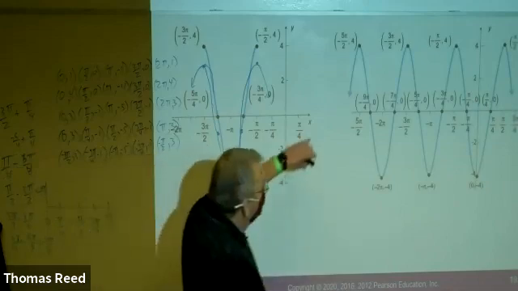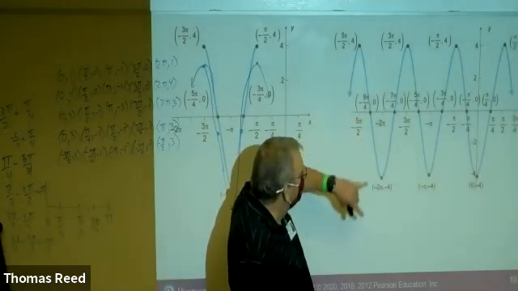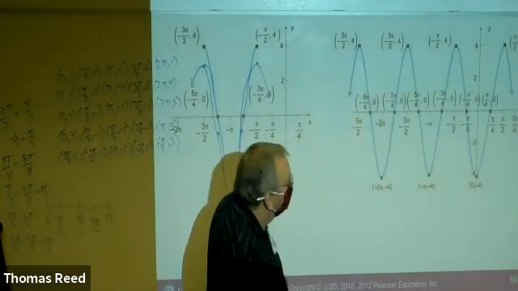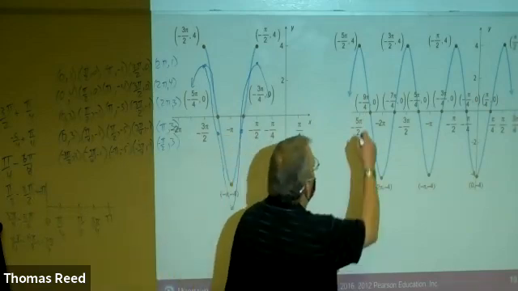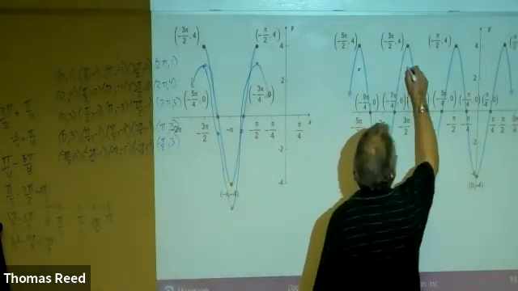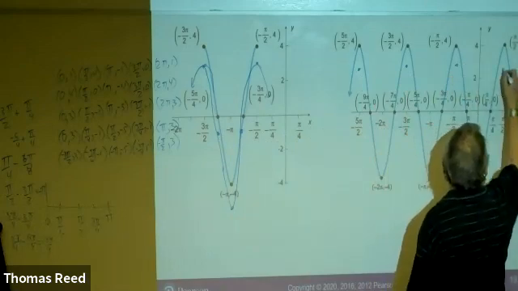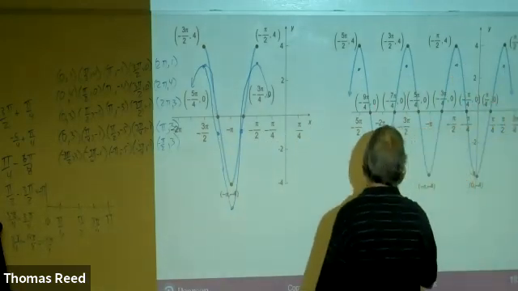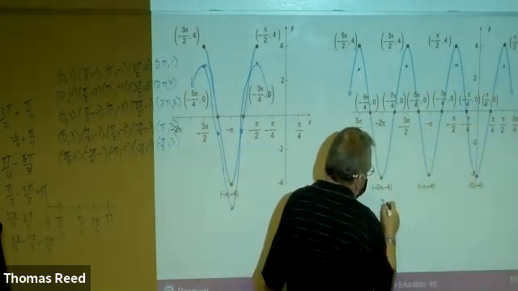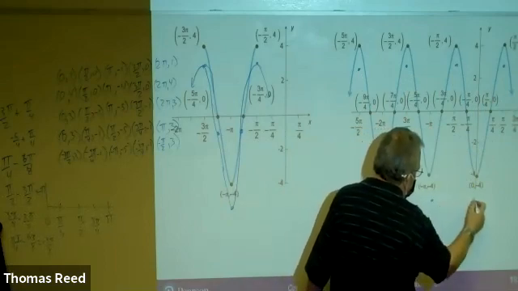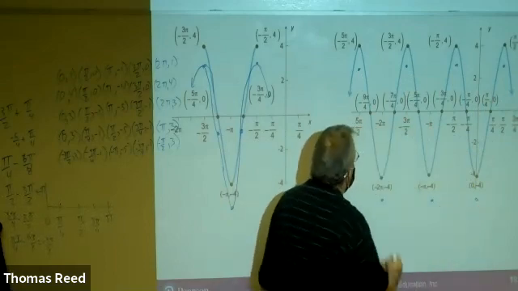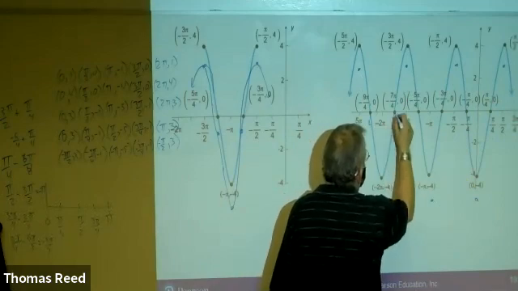So this whole thing would be shifted down 1 unit. So the highs are now here, here, here, here, and the lows are now here, here, and here. And these points got moved down 1 unit.